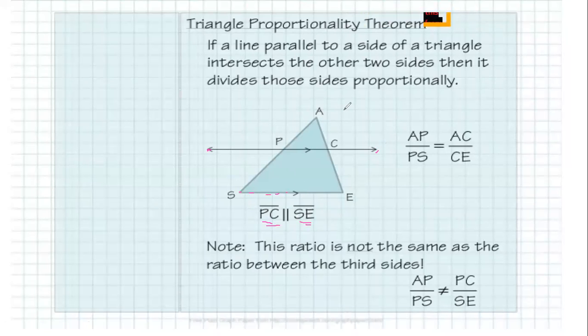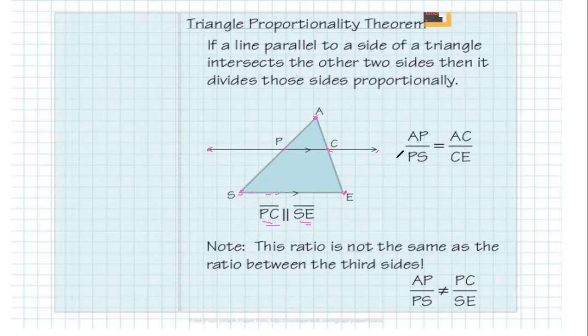It intersects the two sides of the triangle, and therefore it divides those sides proportionally. As you can see, it intersects the side AS, and the side AE is also intersected, meaning that these sides are divided proportionally. This side AS is divided proportionally into AP and PS, and the other side into AC and CE.